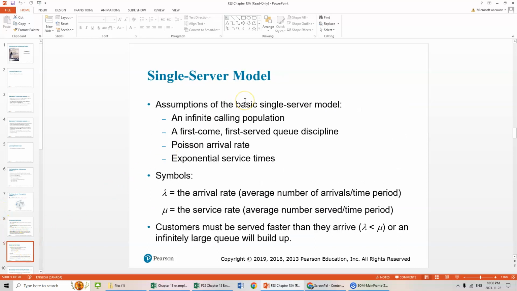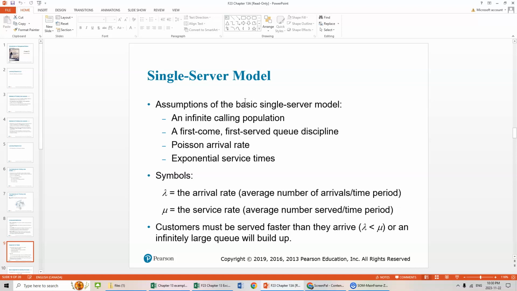So, assumptions of this basic single server model: the population is infinite. It is a first come, first served queue discipline. It has Poisson arrivals and exponential service times. There are only two symbols that we're going to use: lambda, the arrival rate, the average number of customers in the long run that arrive per specific time period, and mu, the service rate, the average number served in a specific time period in the long run.